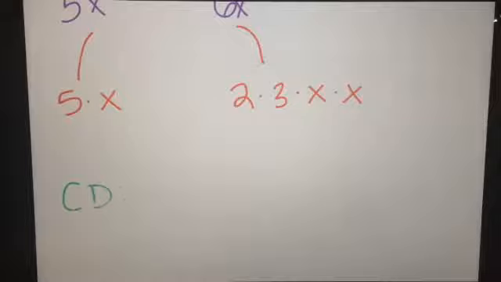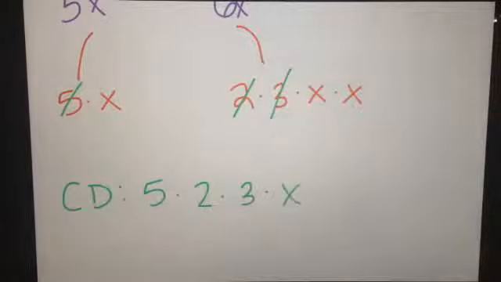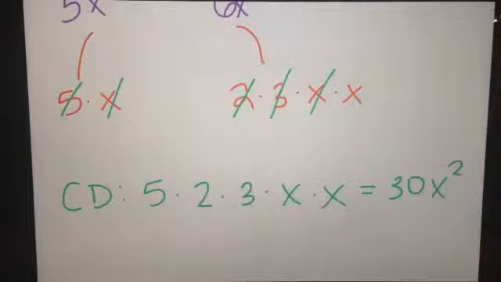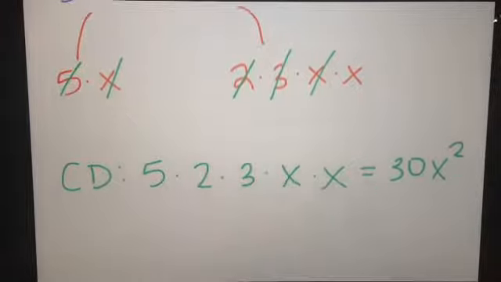So for my common denominator, I need a 5, I need a 2, I need a 3, and then I need 1 x for sure because each of them has 1 x, but the right fraction has one more x, so I need another one. So my common denominator here is 5 times 2 times 3, which is 30, and 2 x's, which is x squared. So that is my common denominator.